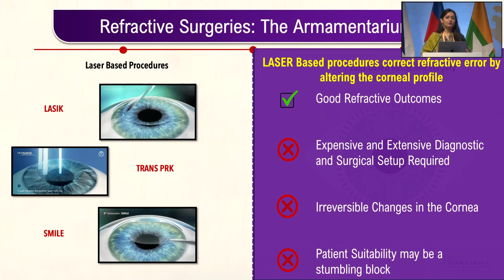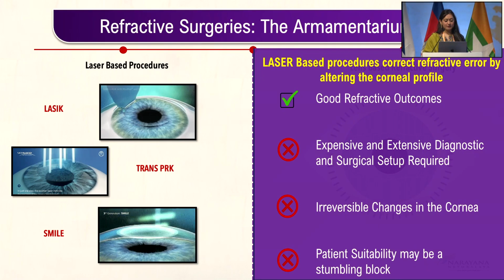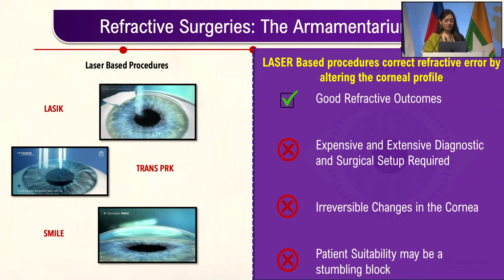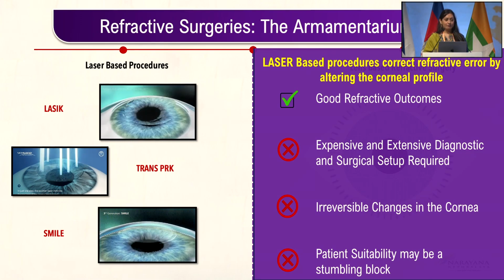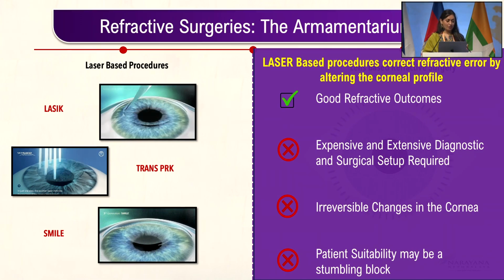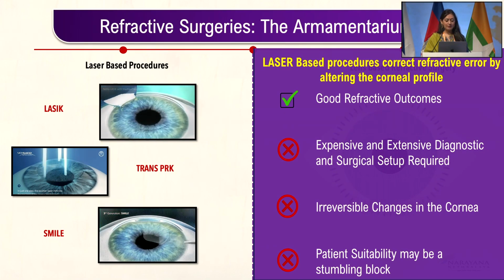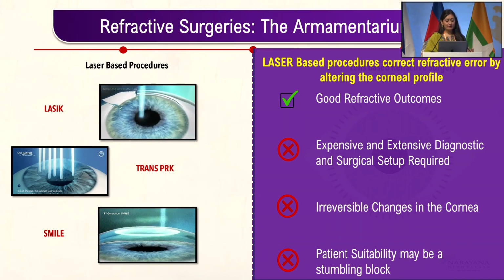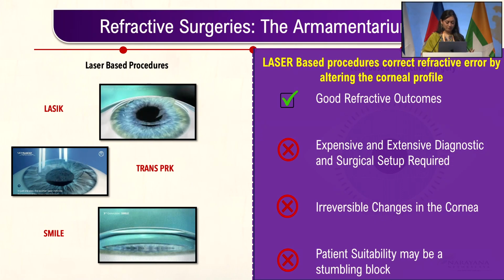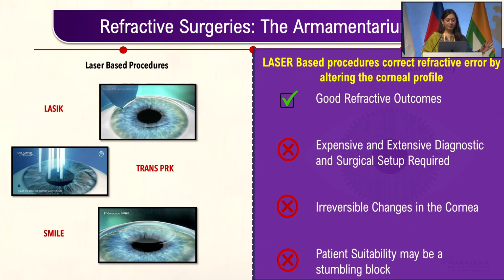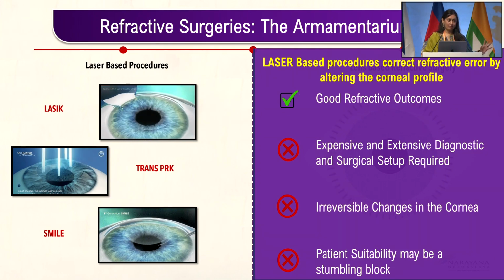But if you speak from an economical perspective, it can be expensive, and because it requires an extensive diagnostic and surgical setup. Sometimes, of course, when you do a laser surgery, it is irreversible in the cornea. Once you have done the laser, you cannot go back and give back the patient the shape what the patient had. So it's irreversible. And also, a patient suitability may be a stumbling block, which I'm going to come to in my next slides.